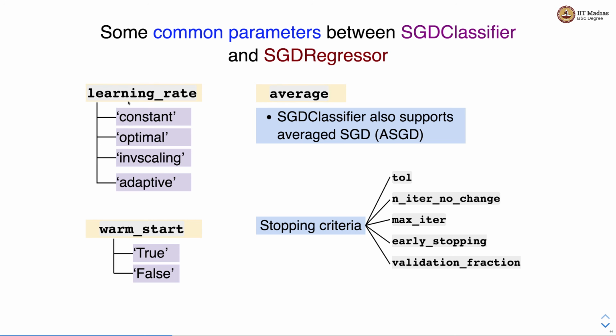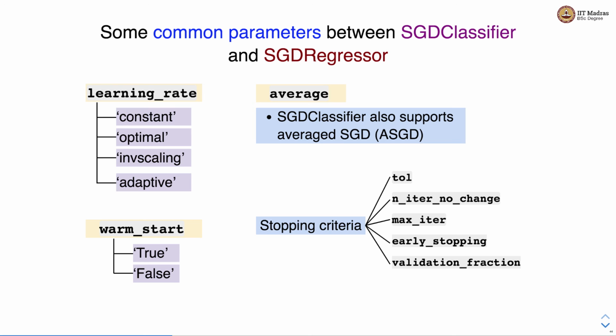We can set the learning rate to constant, optimal, inverse scaling, or adaptive. We can also set the average parameter to true or false that helps us to inform the SGD classifier whether we want to use average SGD. We can set warm start to true or false.